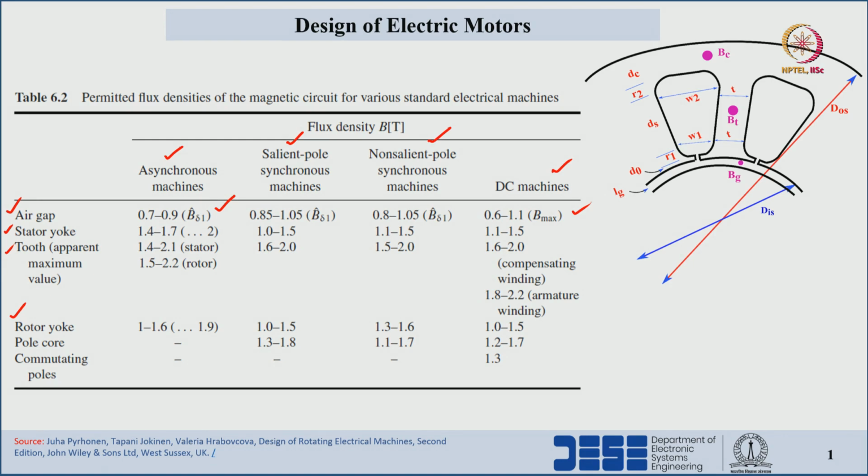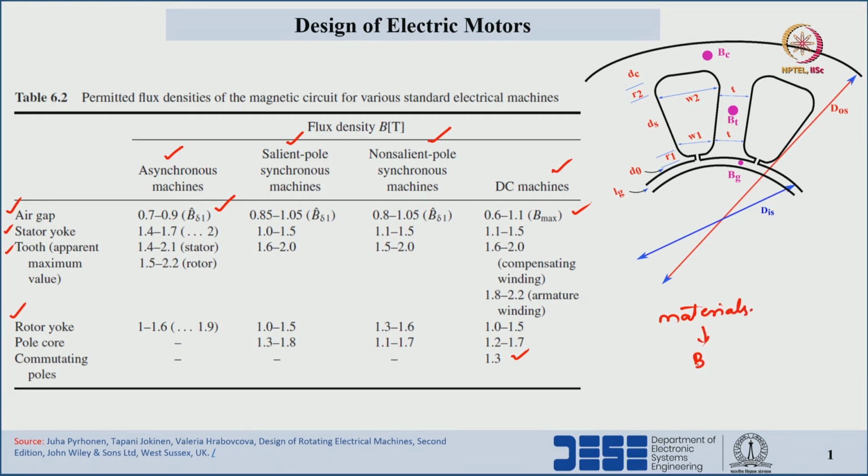Okay. And poles, commutating poles and other things, the allowable flux density limits with respect to the DC machine are also presented here. Okay. These flux density values with respect to the different parts of iron depend upon the material, what type of materials we are utilizing.